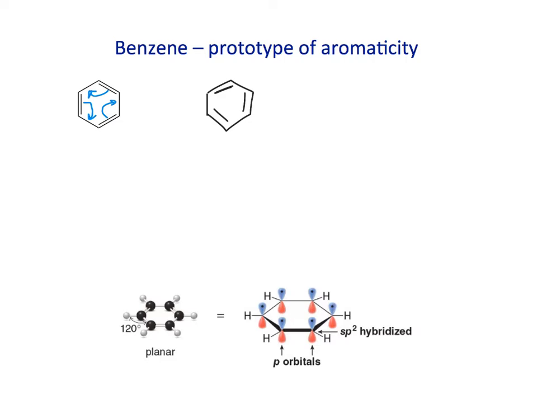But if that was true, then the ring should kind of be puckering and stuff because the double bonds should be shorter than the single bonds. So it should be flexing and doing things like this, right? So that wasn't observed, and so it's known now that this is, instead of being equilibrium, this is resonance.